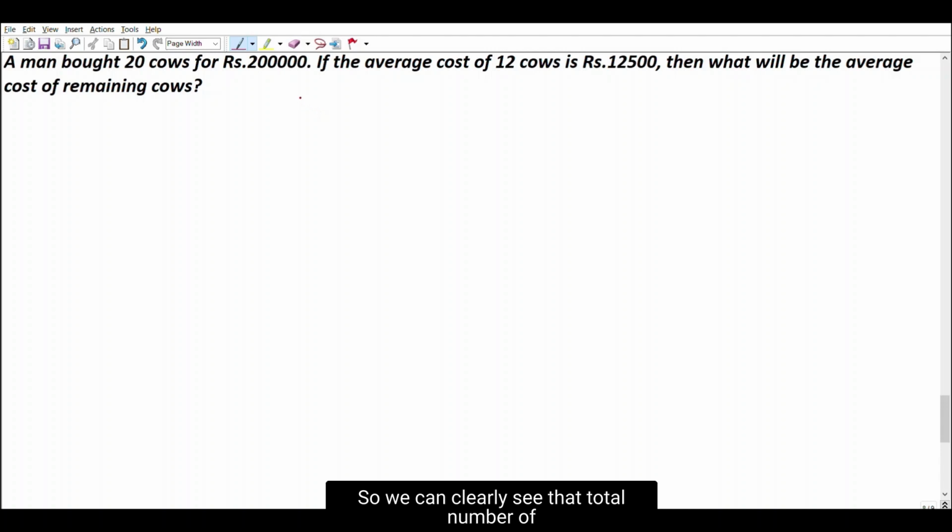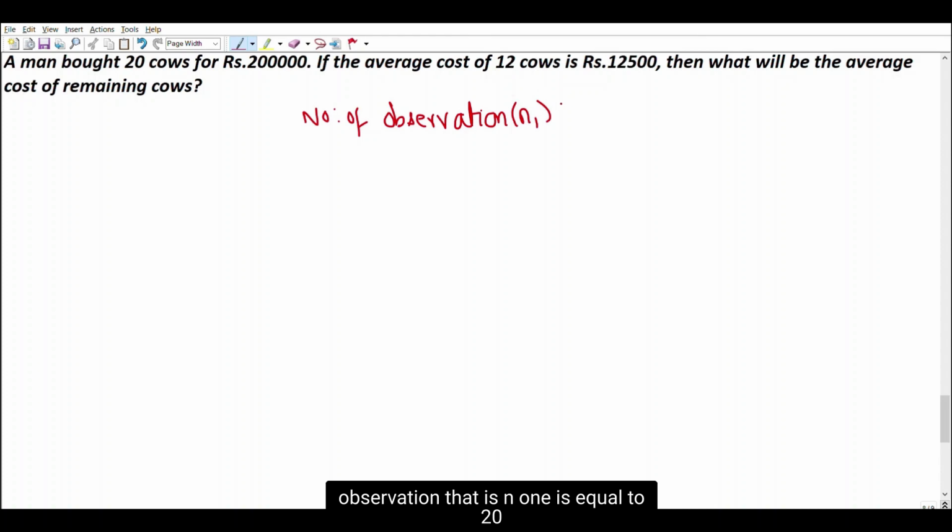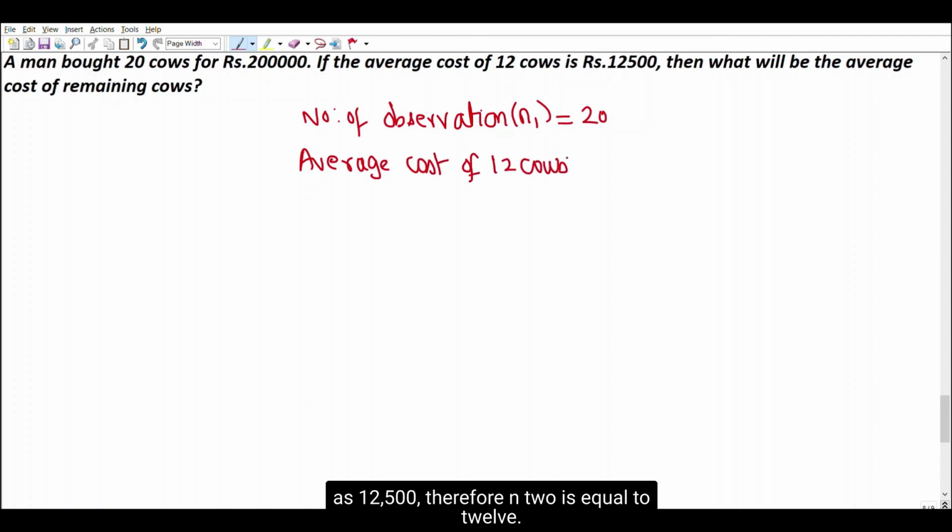So we can clearly see that total number of observations, that is n1, is equal to 20, and they have given the average cost of 12 cows as 12,500. Therefore, n2 is equal to 12.